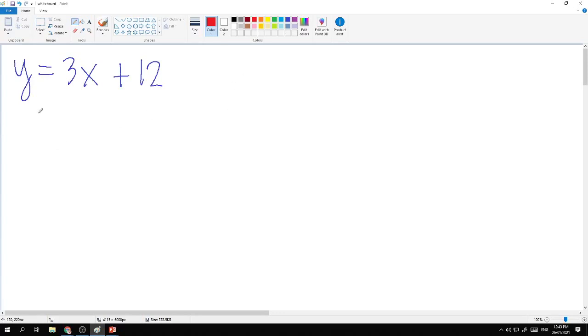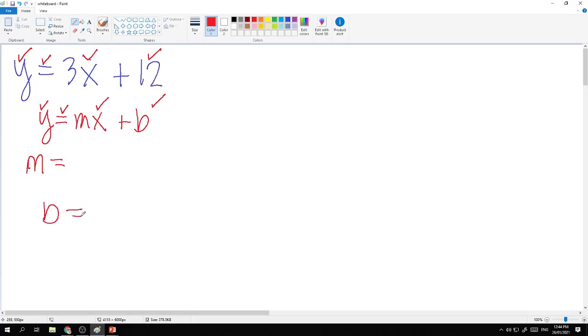Let's write down the slope-intercept form. y equals mx plus b. Examine. The y comes first. Check. Followed by the equal sign. Check. Followed by the variable x. Check. Followed by the constant term. Check. Therefore, I will be able to determine the value of m and the value of b.